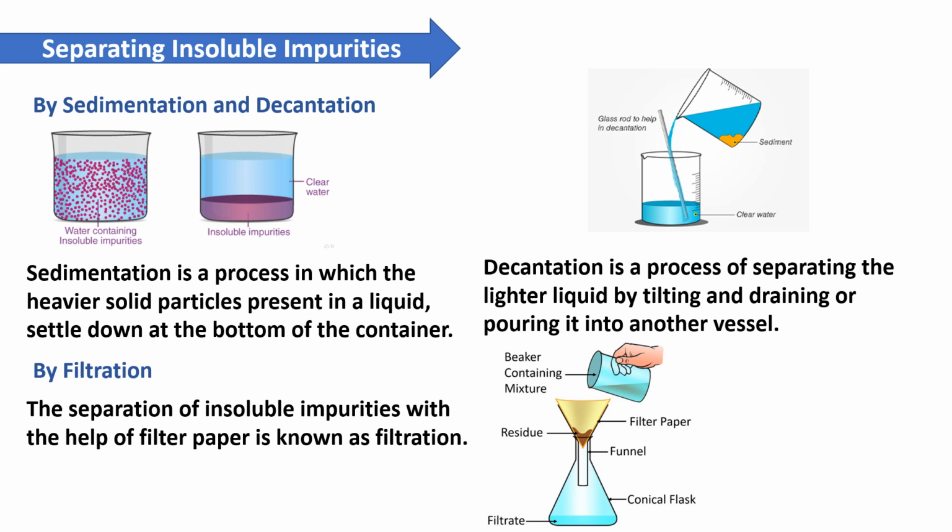Now what we'll do, we'll take one glass jar where some mud water is there and we'll pour that mud water inside that filter paper. The filter paper will filter the mud, so it will not go down, only the clean water will go down to the conical flask. Okay, and the mud will be kept in the filter paper. In this way, we'll get the clean water.